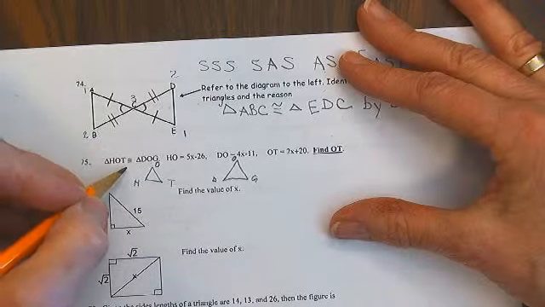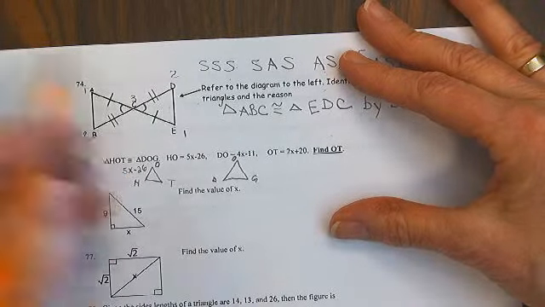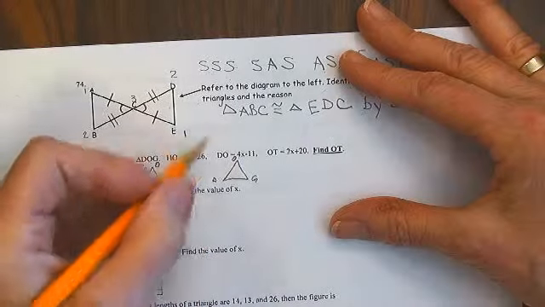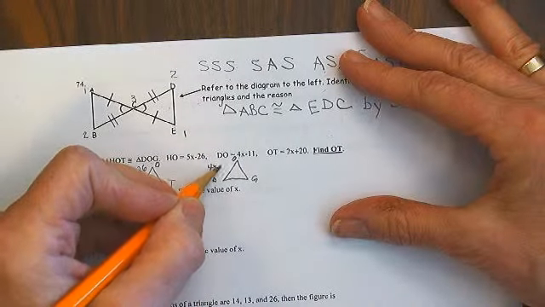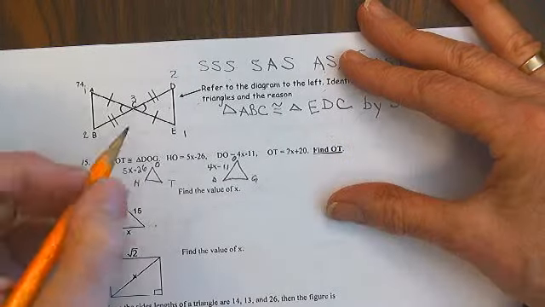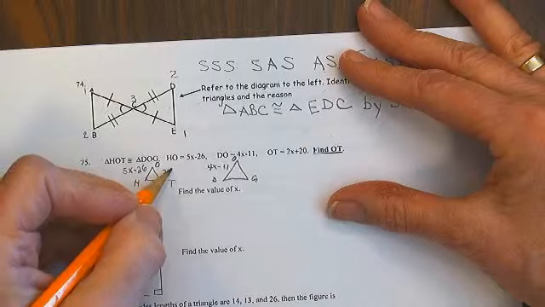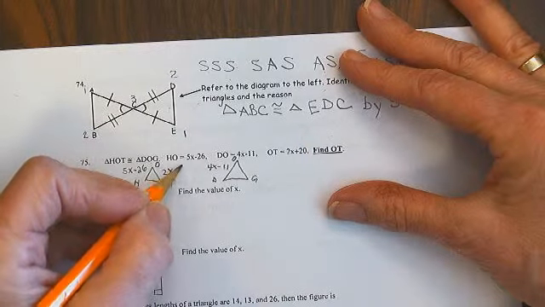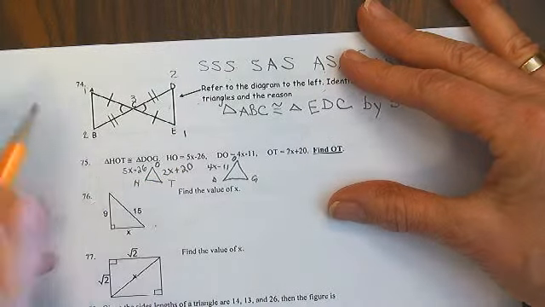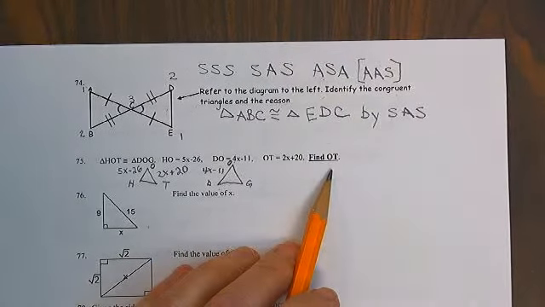HO is 5x minus 26. DO is 4x minus 11. OT is 2x plus 20. And we have to find the value of OT.